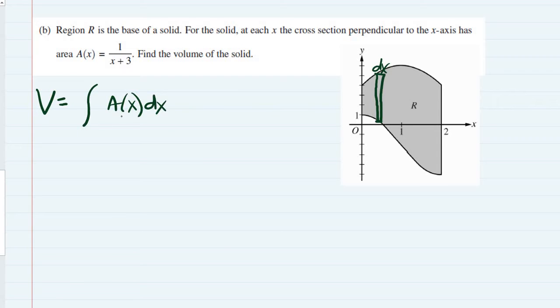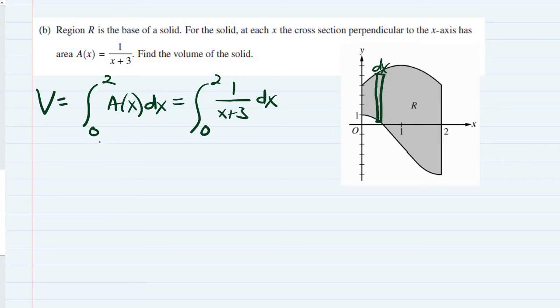So that means we integrate along the x-axis, in this case from 0 to 2. All that we have to do then is put in what is the function for the cross sections, which was given to us. So it's very straightforward. 0 to 2, 1 over x plus 3 dx.